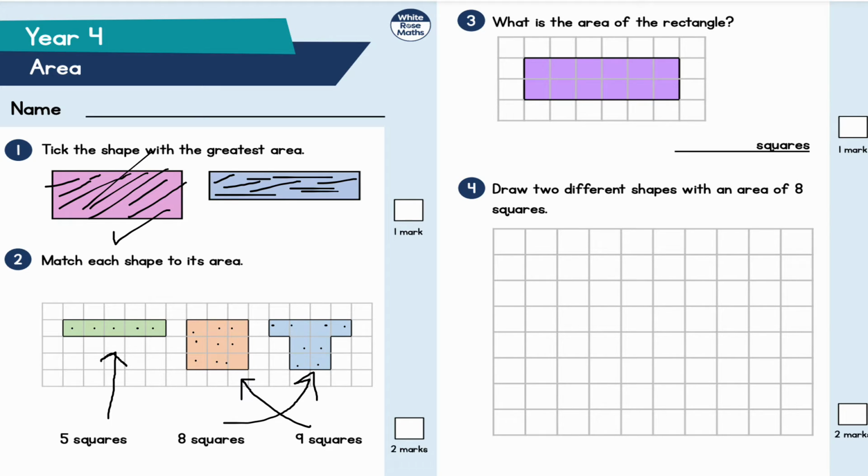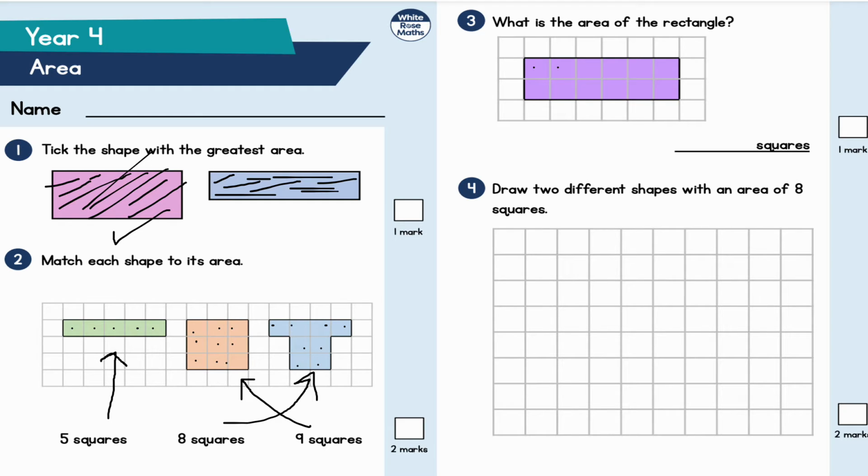If you're given squares in your exam paper, test or assessment, then you can count the number of squares. If you're not given the squares, then you need to use the formula. The area of a rectangle is length times the width. This is my length and this is my width. But for today's video, we are going to be counting squares for the area.